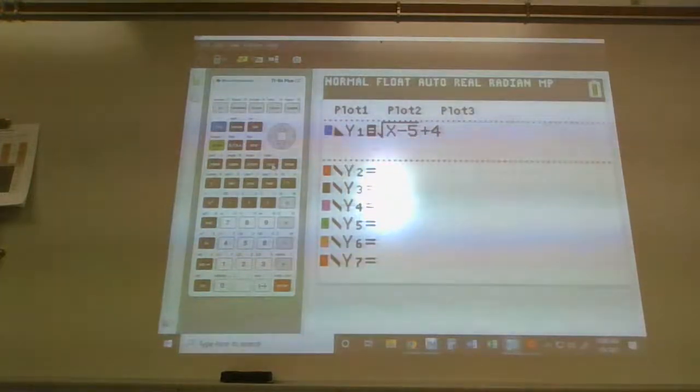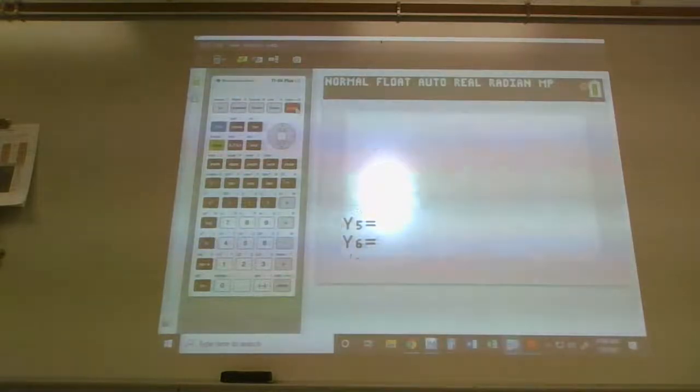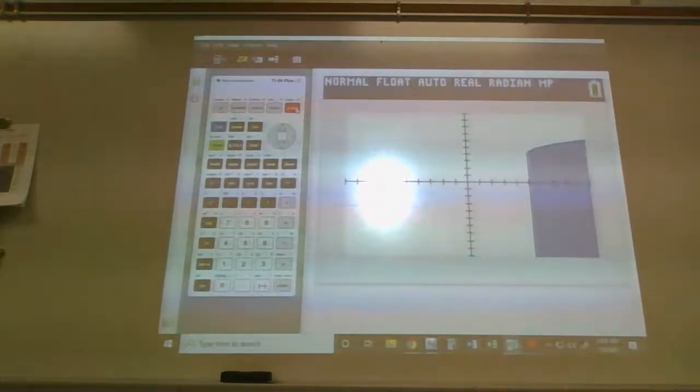If I hit OK on that and then go back to graphing it, there it is. That weird looking shaded region represents what I need to do.